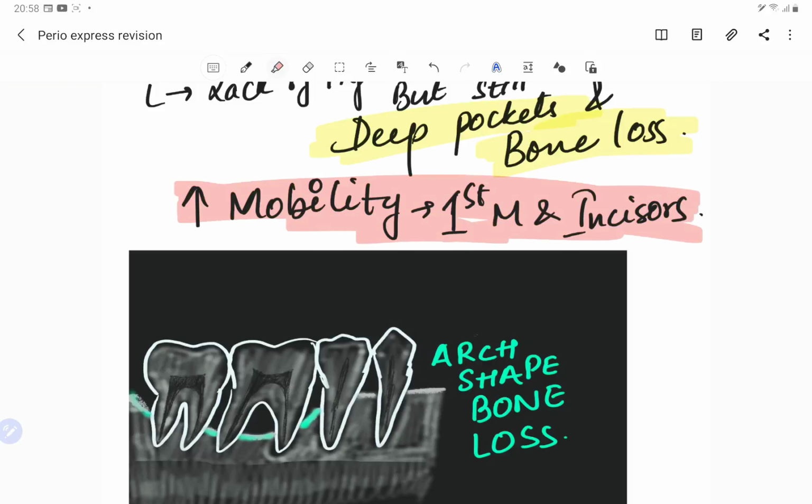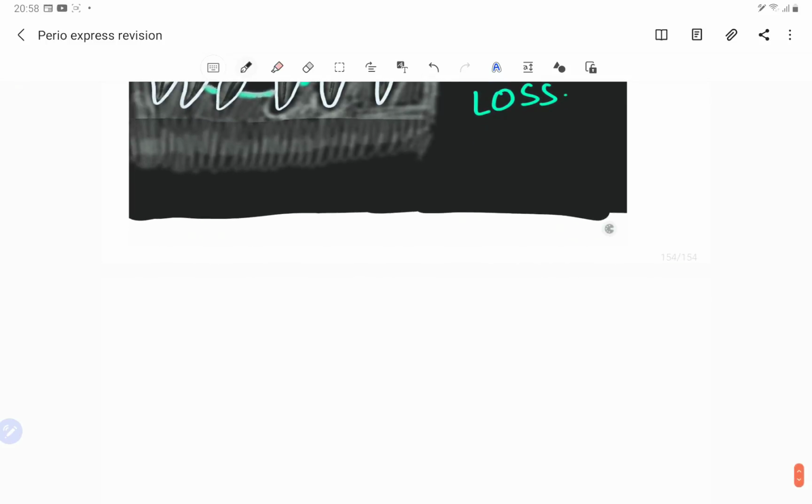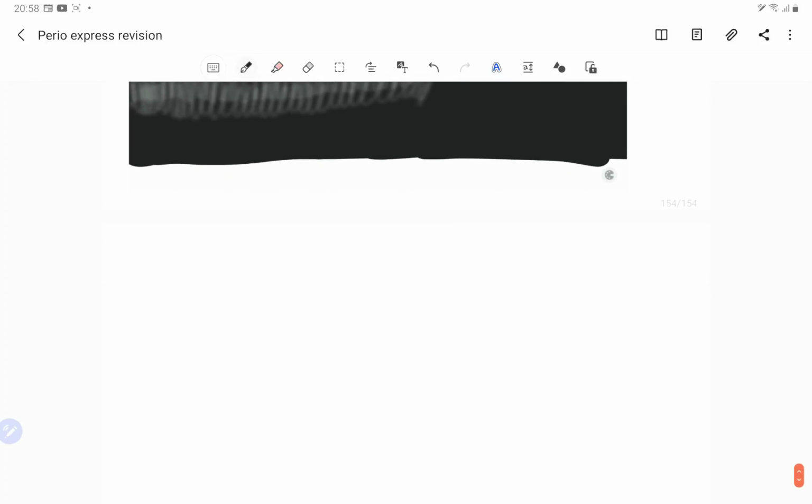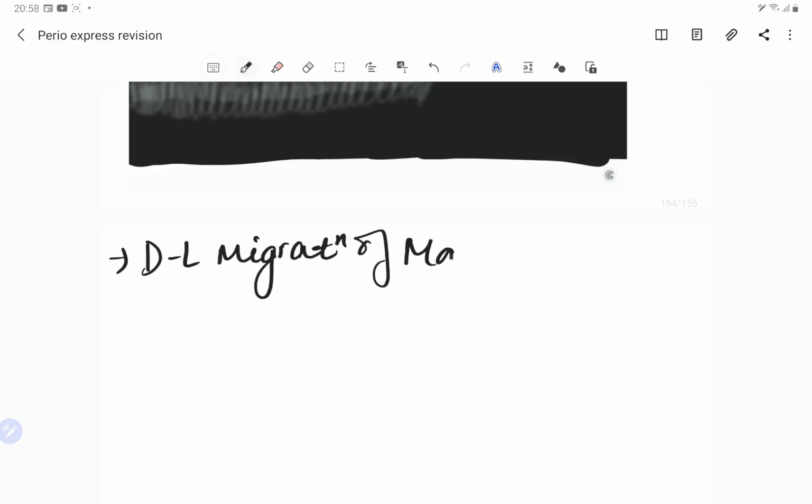And because of the involvement of the incisors, we see that there is a distolabial migration of the maxillary incisors. This creates a diastema, that is the midline spacing.